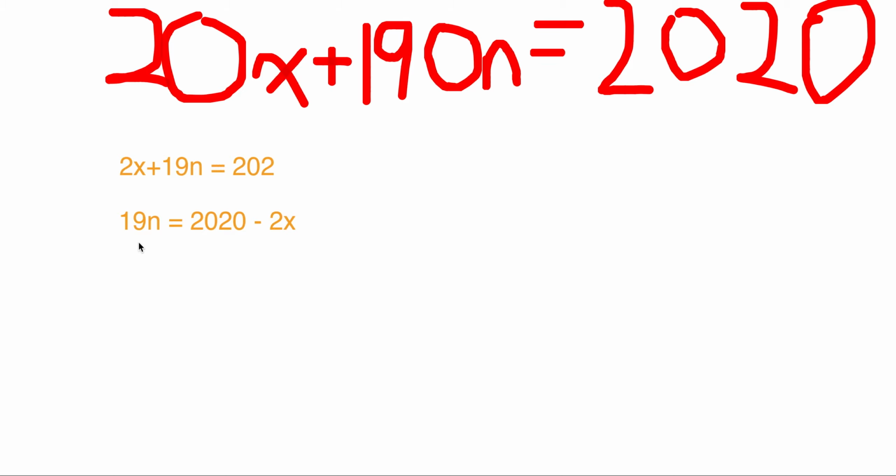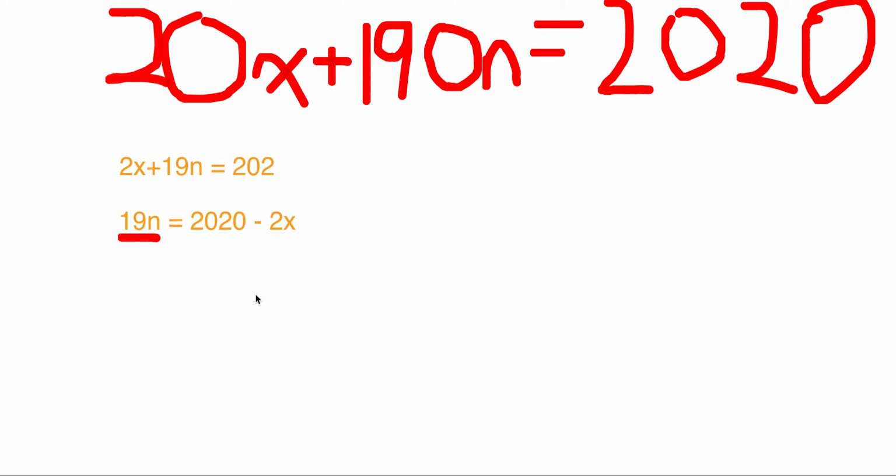Now, n cannot be odd, because an odd times an odd number will give you an odd number, which means when we need to find x, it will be a decimal, because the odd number divided by 2 is a decimal, and we can't allow decimals. We can only have integers.